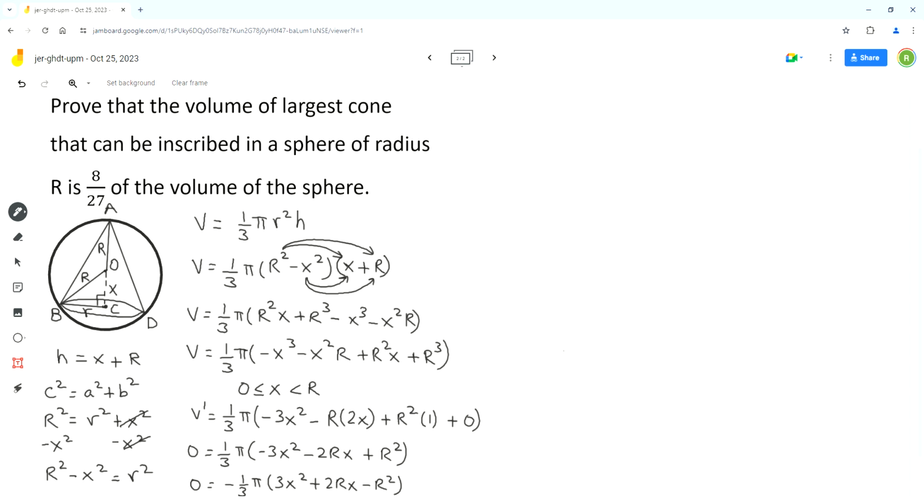Now we can factor this equation. This is a complex trinomial. We can use the decomposition method. We can break up the middle term 2rx as 3rx minus rx.